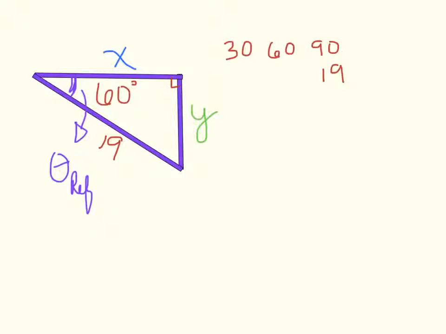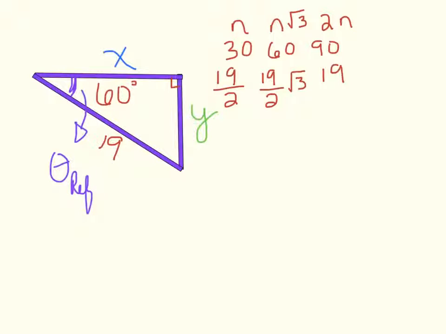And we know that the hypotenuse is twice as long as the short side. So I'm going to take that and just divide it by 2. And whatever the short side is, we multiply that by the square root of 3.